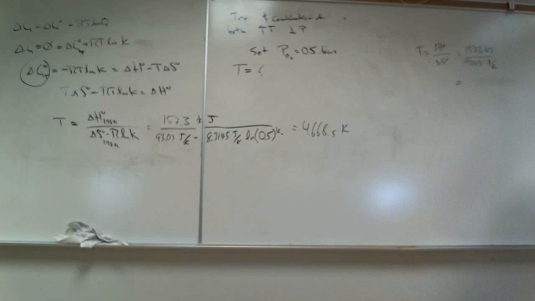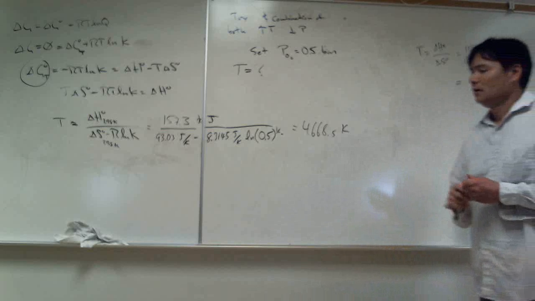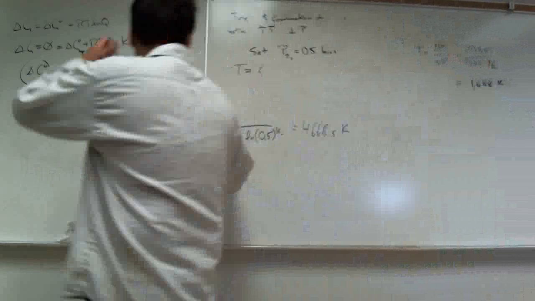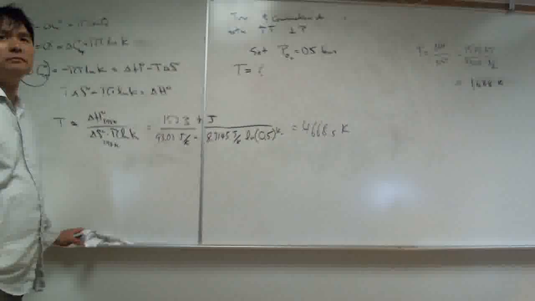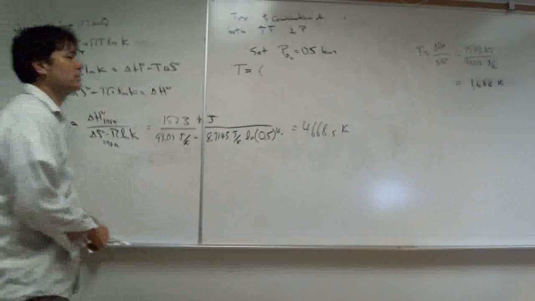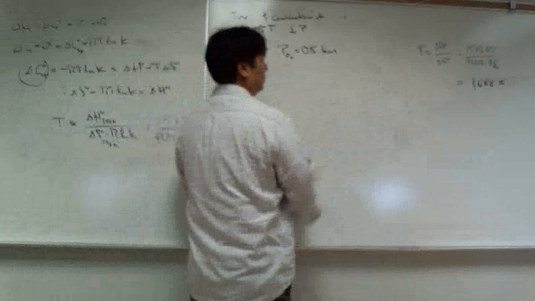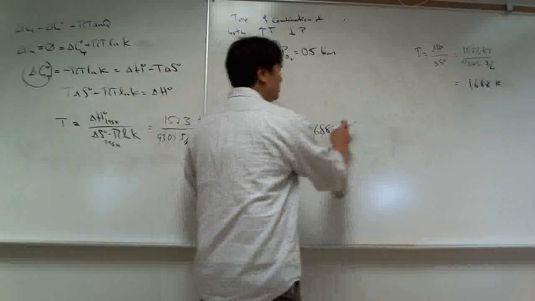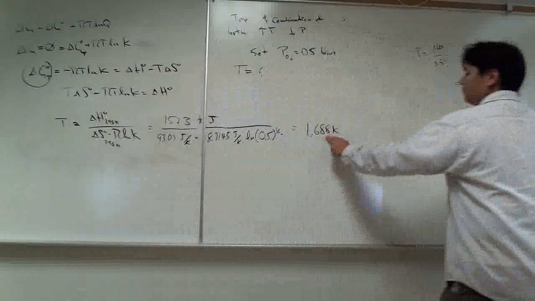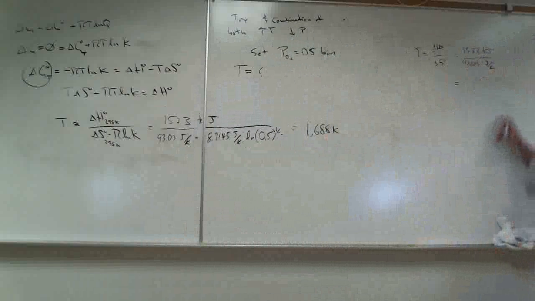Okay, 1,688 Kelvin. All right, what does this one come out to? Oh, no, I meant that one. Oh, this one? Yeah. 1,688 Kelvin. This is with vacuum. This one is without vacuum.